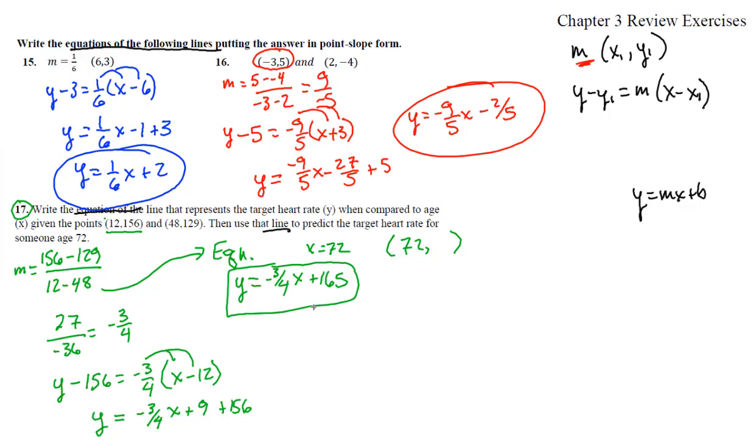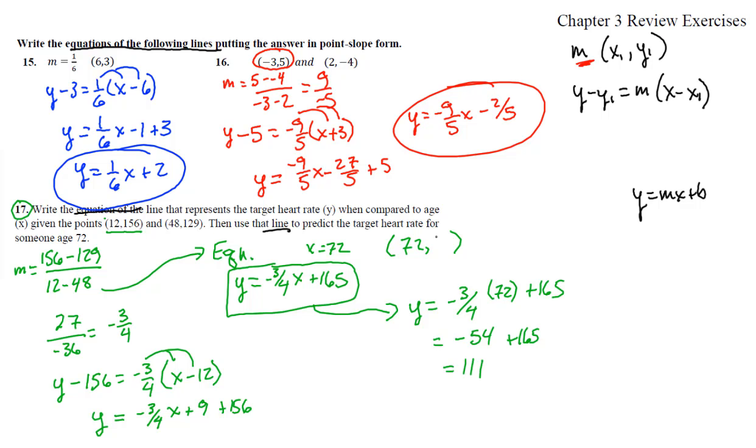Now we're going to use that to say what happens when x is 72. So that means we have y equals -3/4 times 72 plus 165. Okay, -3/4 times 72. Stick that in the calculator, and you get -54, plus 165 equals 111.